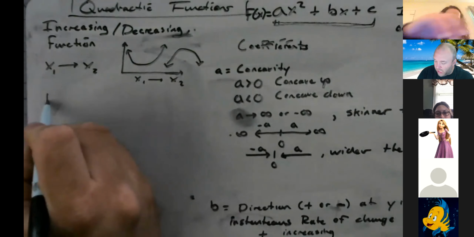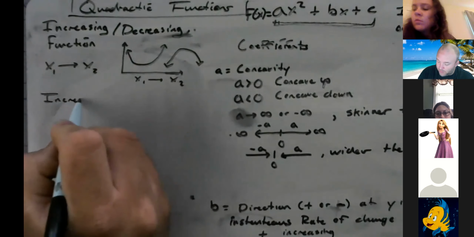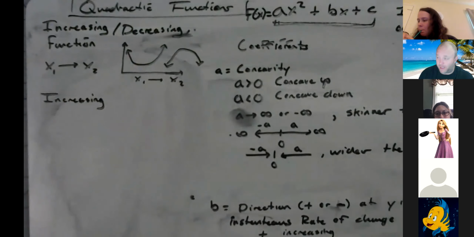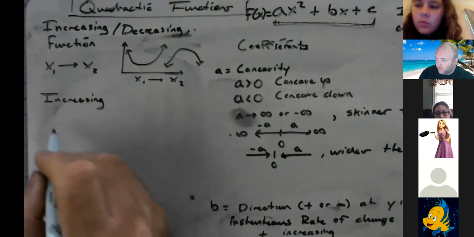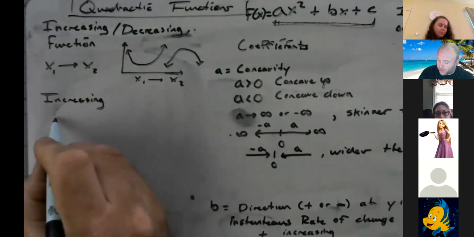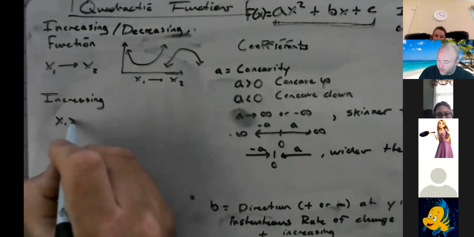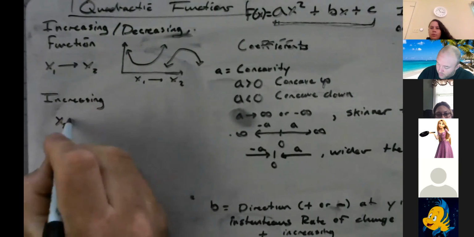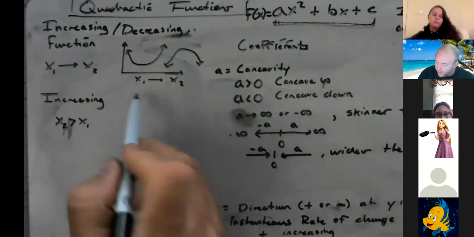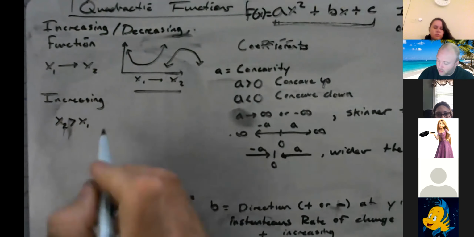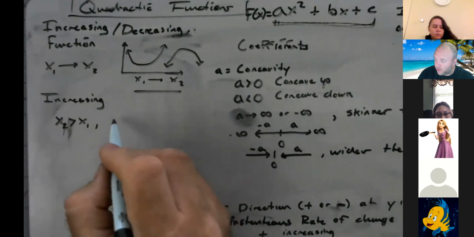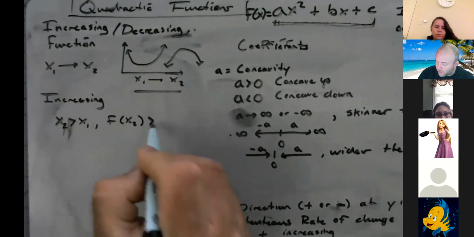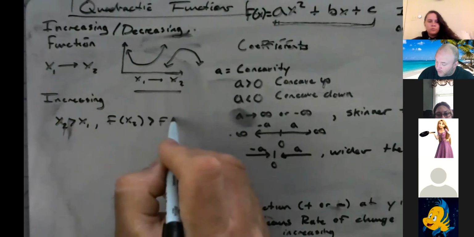So now, if a function is increasing, that is a parabola, or any function for that matter, on an interval x1, x2, where x2 is greater than x1, as we established here, the function is increasing when f of x2 is also greater than f of x1.